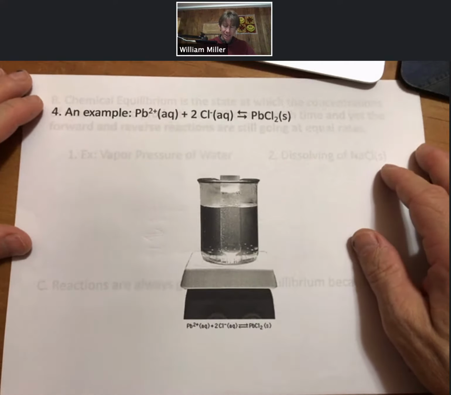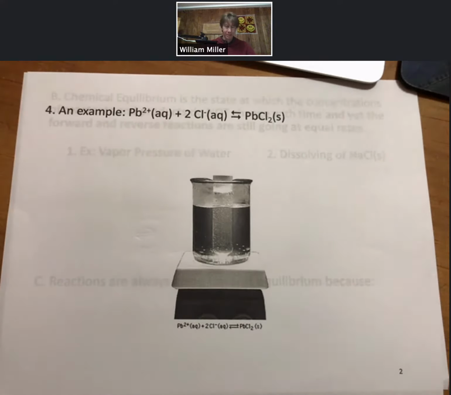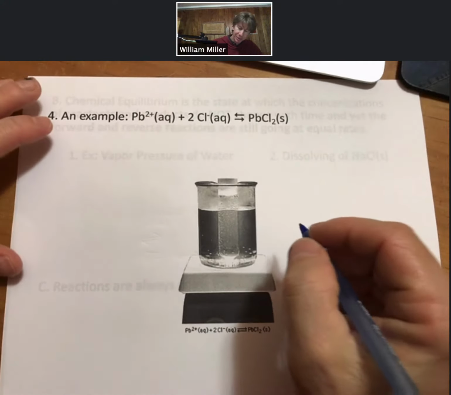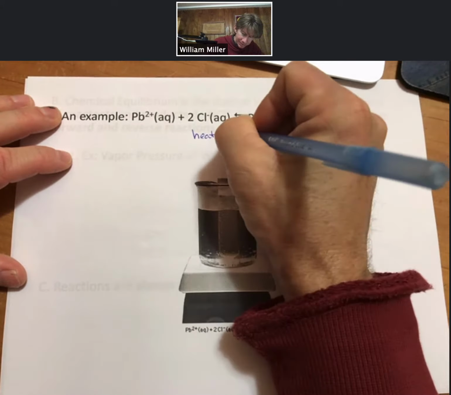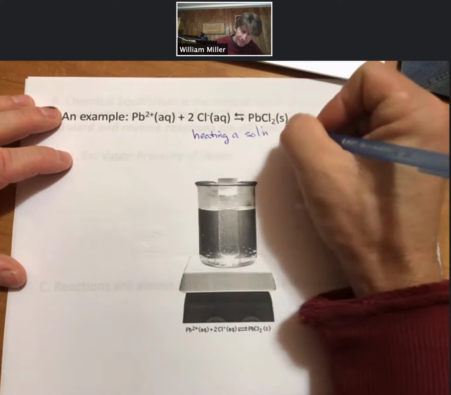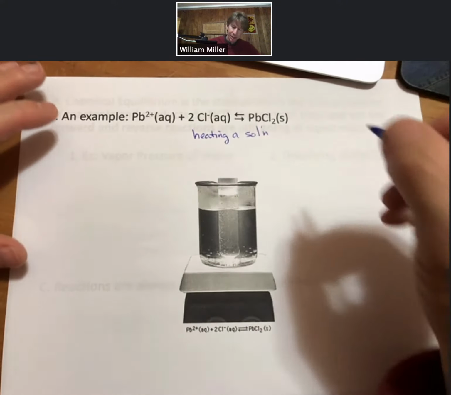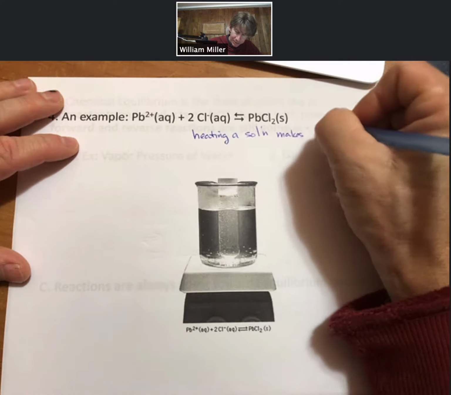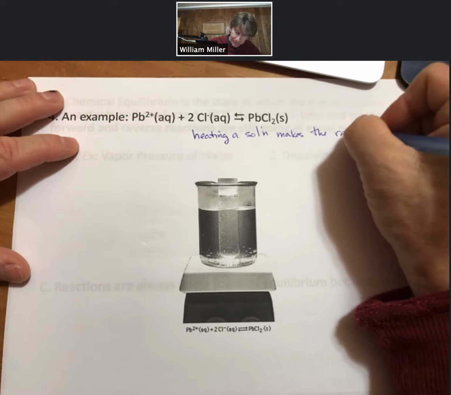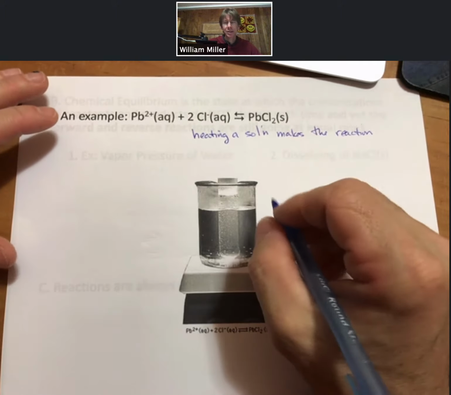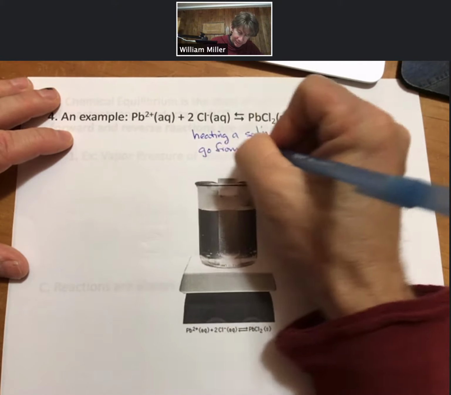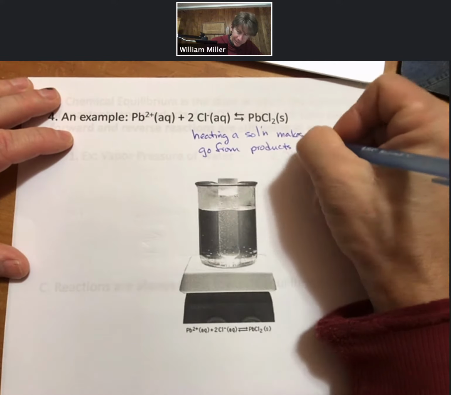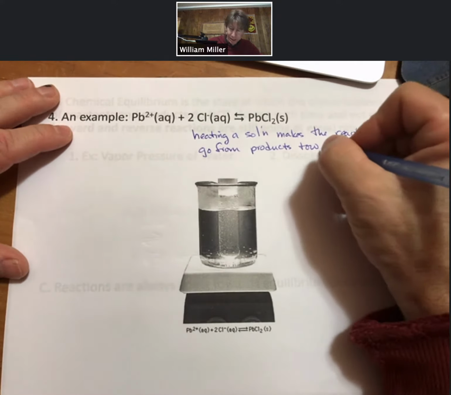So that was an example of the effects of temperature, and heating a solution makes the reaction go backwards. And instead of saying backwards, it makes the reaction go from products towards reactants.